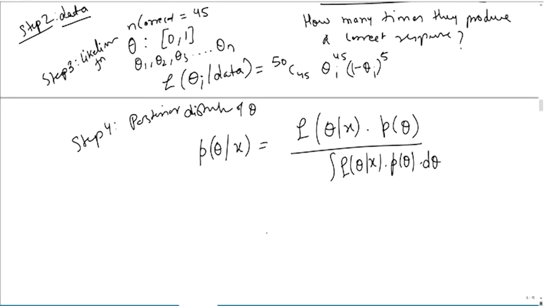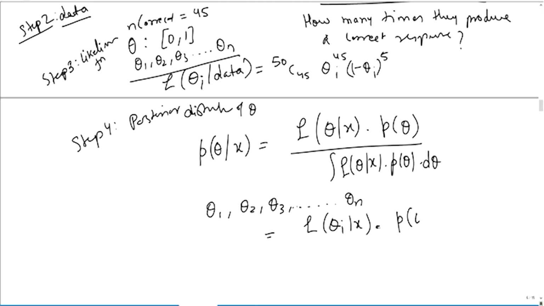Let us go with the same vector of theta which you used to compute the likelihood function: theta 1, theta 2, theta 3. So these are 10,000 values of theta between 0 and 1. Now for each value of theta, you have computed the likelihood.